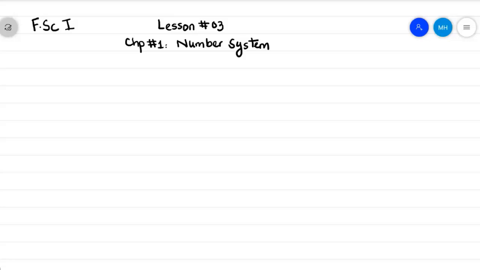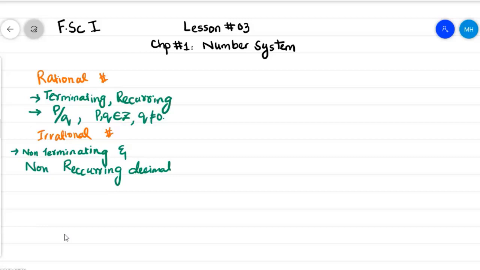We have an example in your math book where you have to prove that a number is irrational. So just recall the definitions of rational and irrational numbers. Terminating and recurring decimals are numbers we define as rational numbers. Irrational numbers are those numbers which are non-terminating and non-recurring decimals.